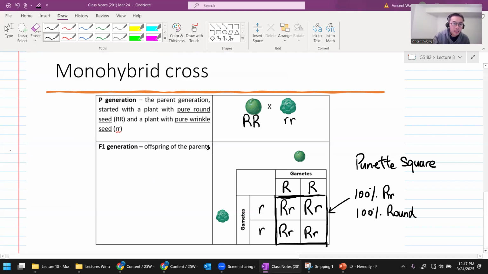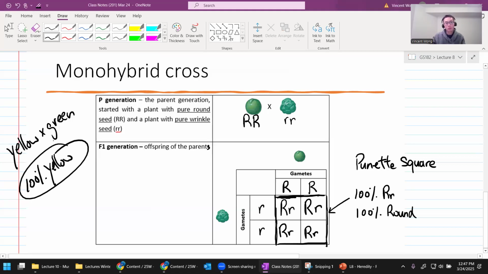Okay, let me ask you again. Let's say he took a yellow plant and bred it with a green plant, and 100% of them turn out to be yellow. What can you conclude? Is yellow dominant or is green dominant? Right? Yellow is dominant, right?